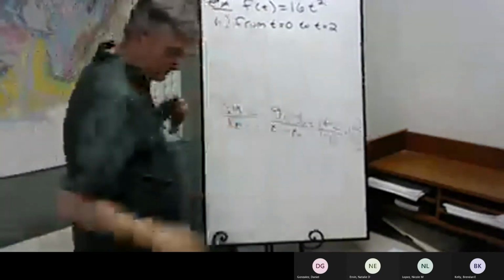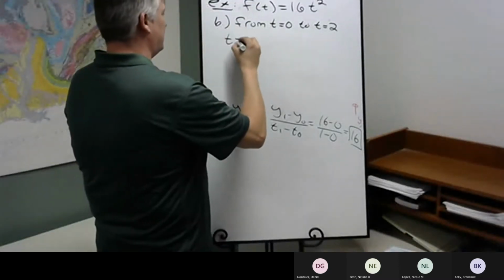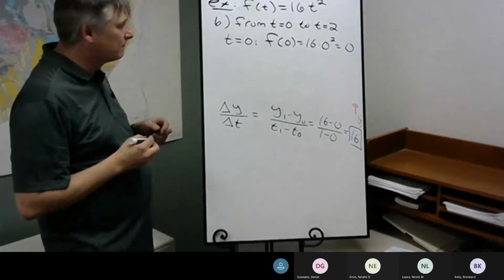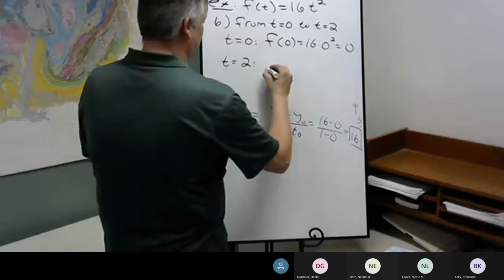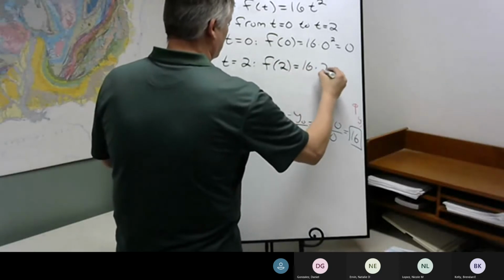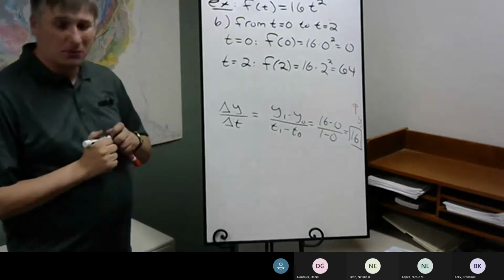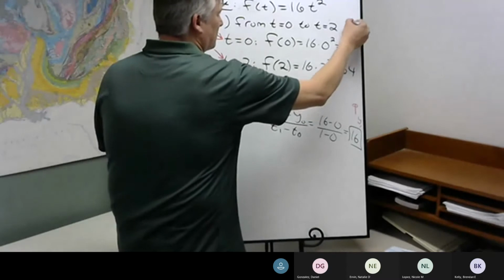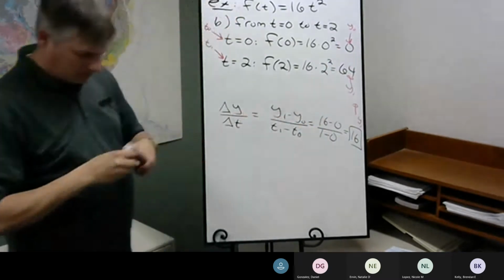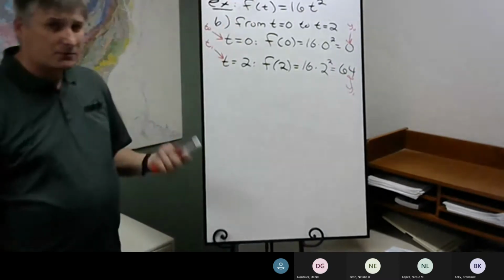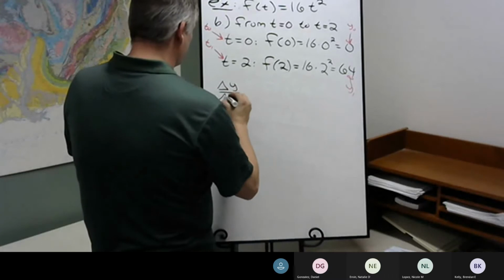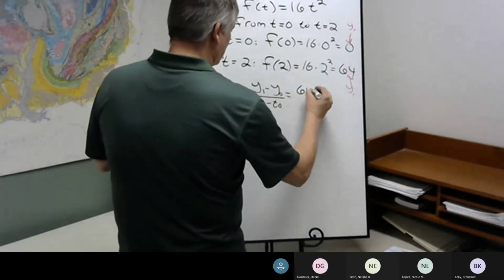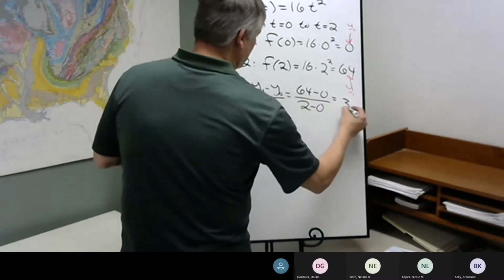Well, in that case, we know t equals 0, that's 0. t equals 2, that's going to be 64. So now we do our formula. Get 32.